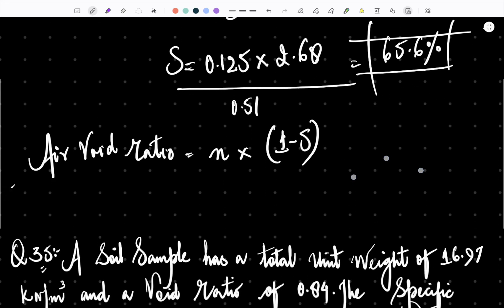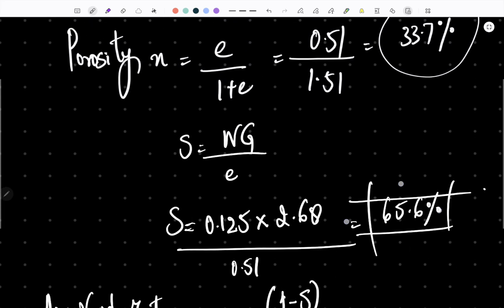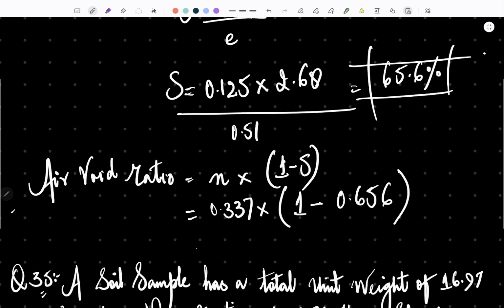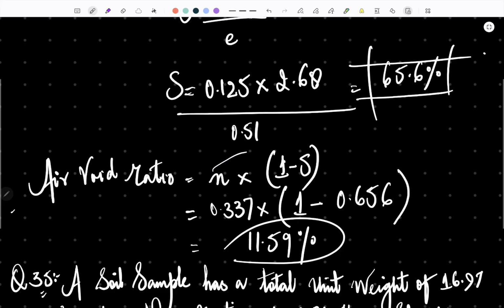So porosity is how much? 33.7%, multiplied by 1 minus degree of saturation, which is 65.6%. By calculations, air void ratio is equal to 11.59%. This is the air void ratio, which is porosity multiplied by 1 minus degree of saturation.